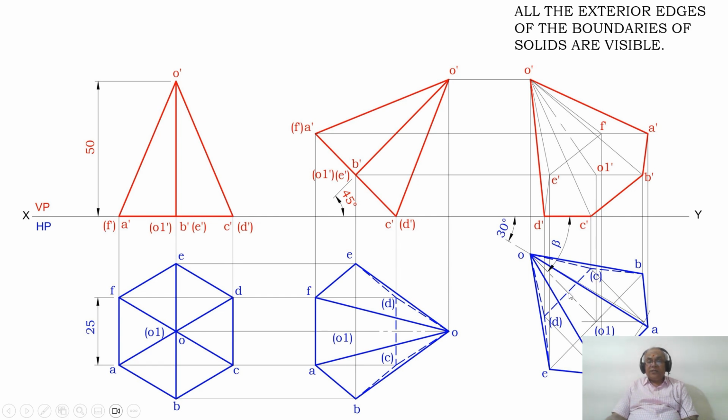So from this point, you measure an angle of 90 degree with respect to the beta inclination line and draw a perpendicular. Then you measure the distance from this point to C and also from this point to D, and the same thing is transferred from here to here and also from here to here, and you mark those points as D in bracket and E in bracket, C in bracket.